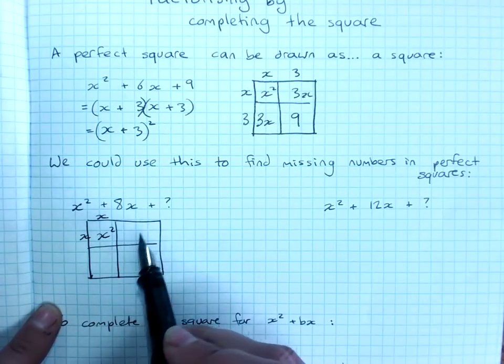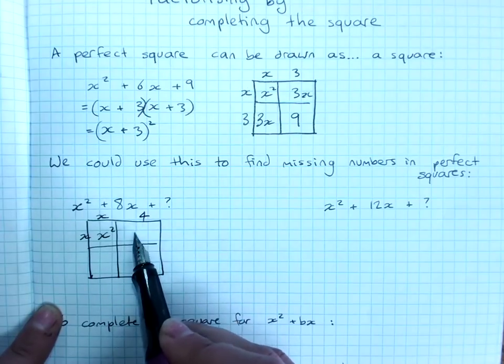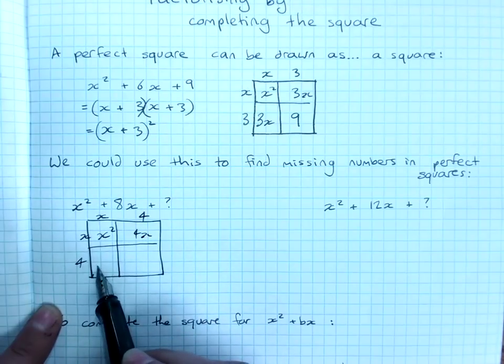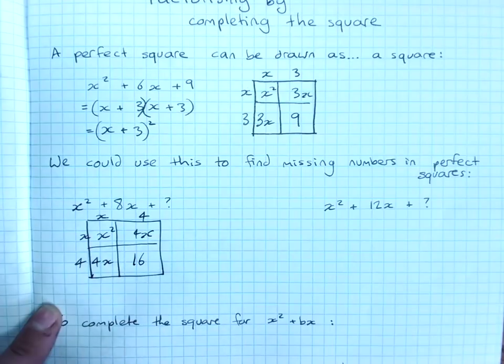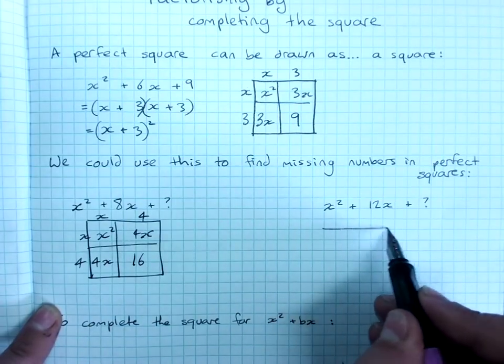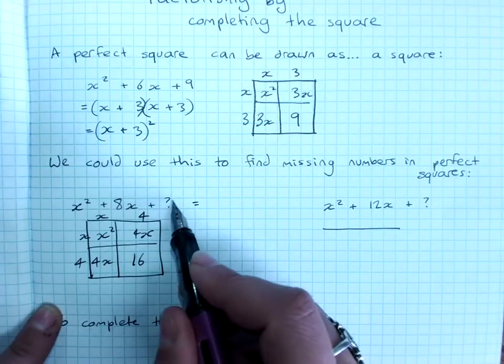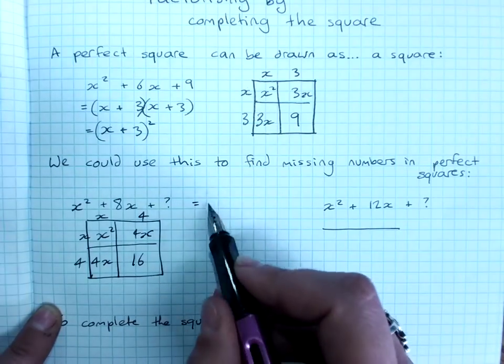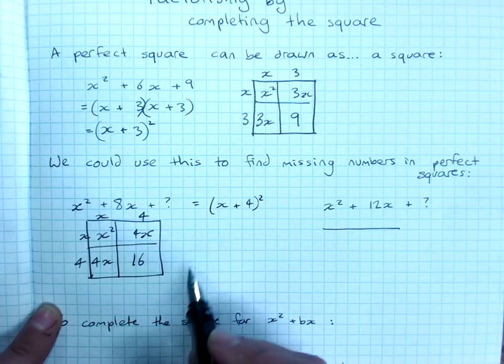Then I need these two to add up to 8x, and they're going to be the same, so that's got to be 4 to give me 4x, and that's got to be 4 to give me 4x. That means this is 4 times 4, which is 16. So my question mark is 16, and it would be x plus 4 squared, factorized.